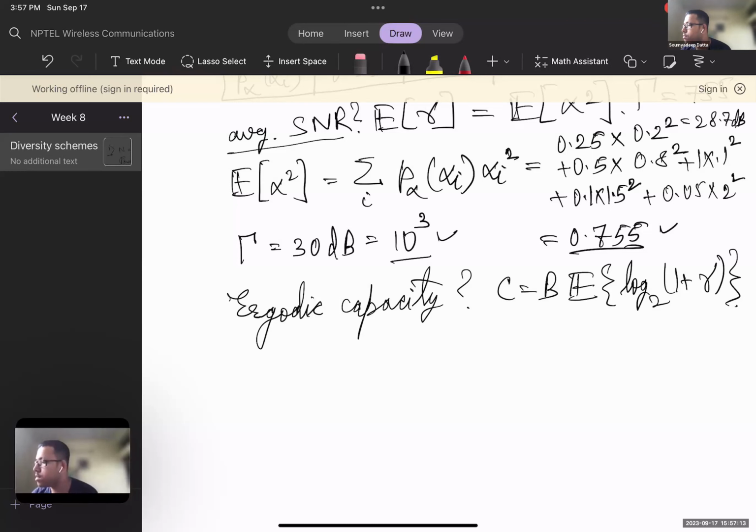Gamma is in linear scale, 10 to the power 3, plus this one again, 0.5 times log of 1 plus 0.8 squared times gamma, plus 0.1 times 1 squared.